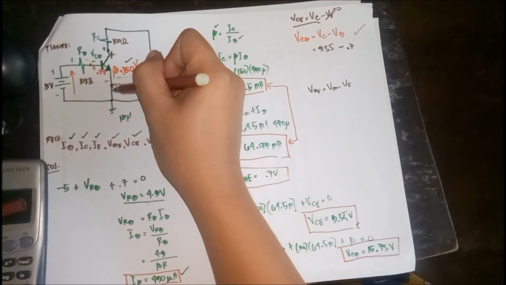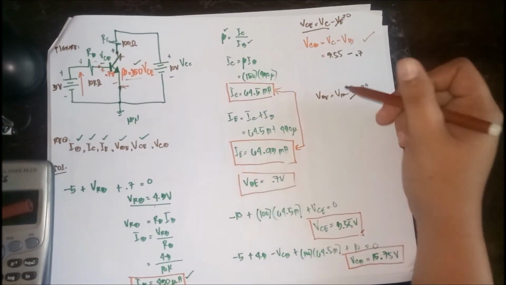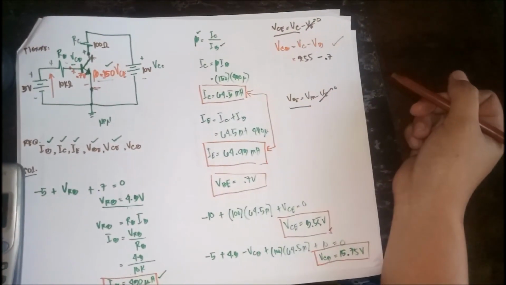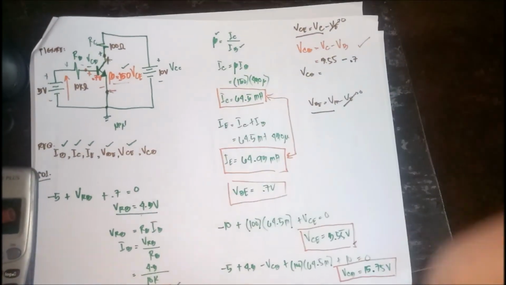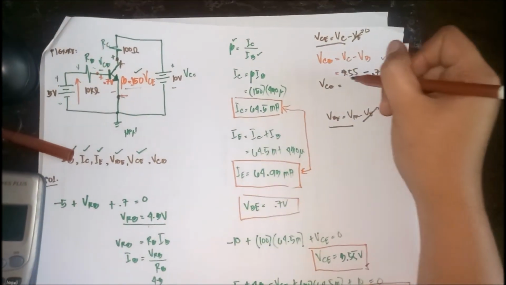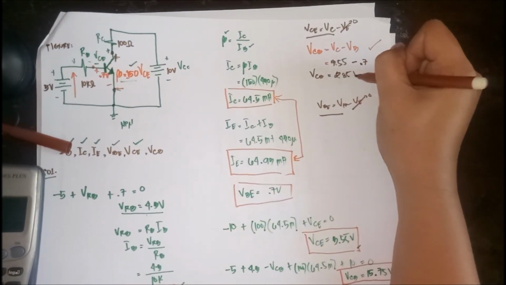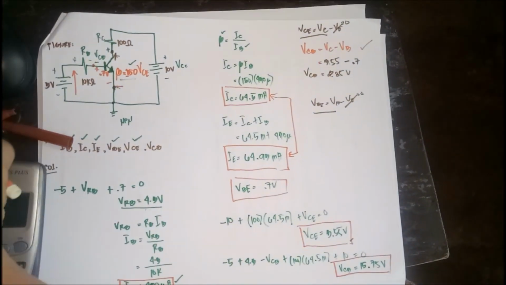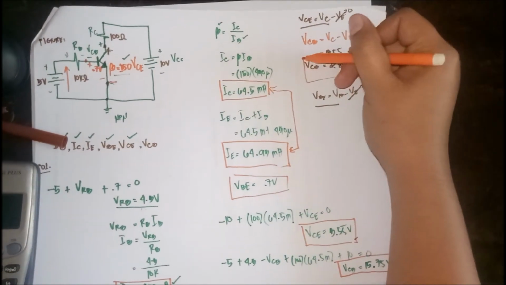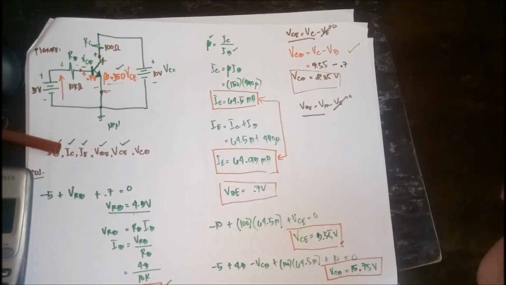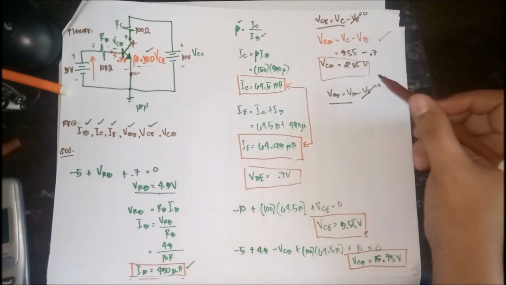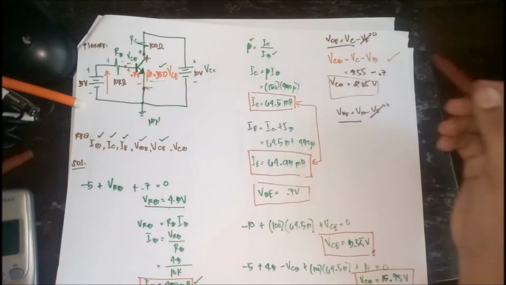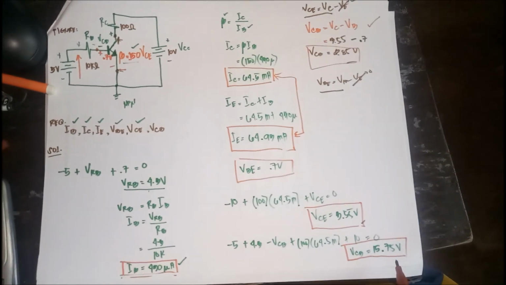Yung VE in this case to the ground, still, that is 0. So that gives us VB which is equal to VBE. So this is VCB is now equal to 2.85 volts. Okay? This is our final answer. Where it should be the same, oops, we get, this is 2.85, our value here is 15.